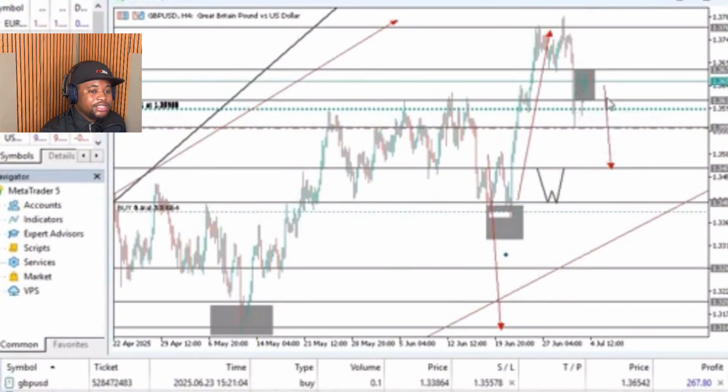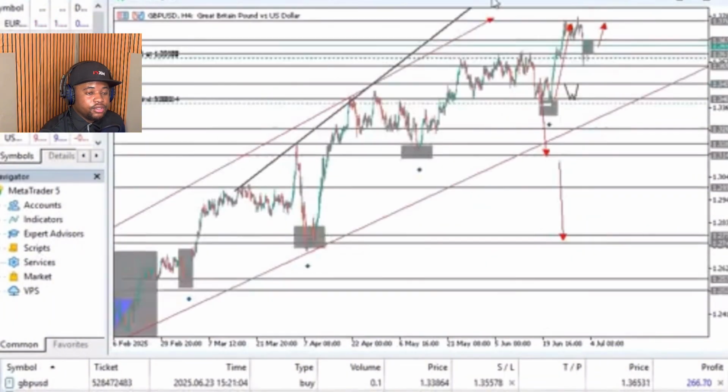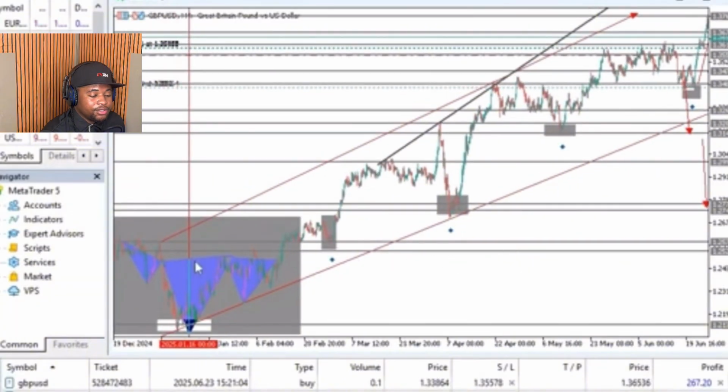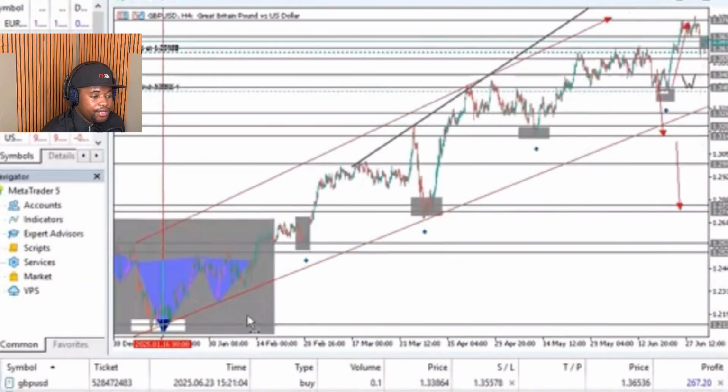But however, this is what I'm still anticipating, and I'm actually looking for buys at this point here, and therefore I'm actually expecting this whole move here to be our change of structure, as we did have here, right?